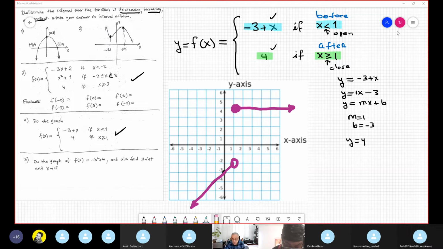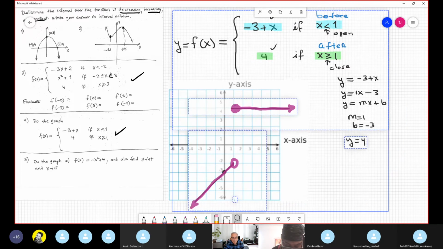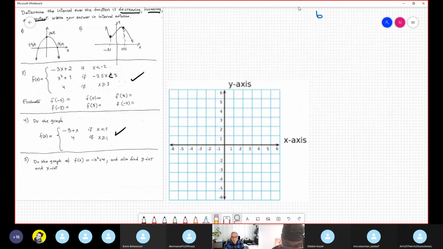Question number 5 is again a graph. This is the chapter for too many graphs. Too many graphs in this chapter. Okay, super. I don't erase this one.